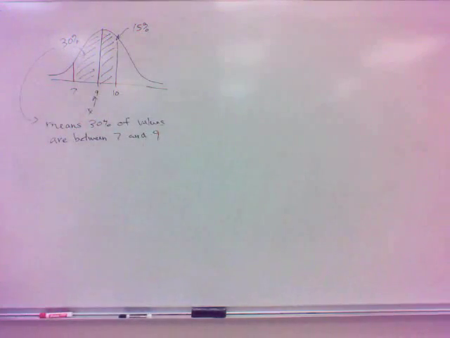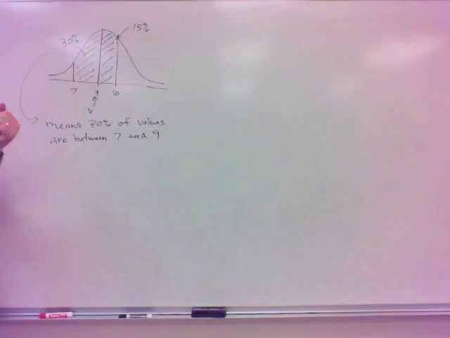Whatever these values are, and that brings up another point. In a normal distribution, we have been working with distributions where you can get 1 and 2 and 3. Some of them have decimals, but please note here on the normal distribution, you can get 7s, you can get 7.1s, you can get 7.2s, you can get 7.25.